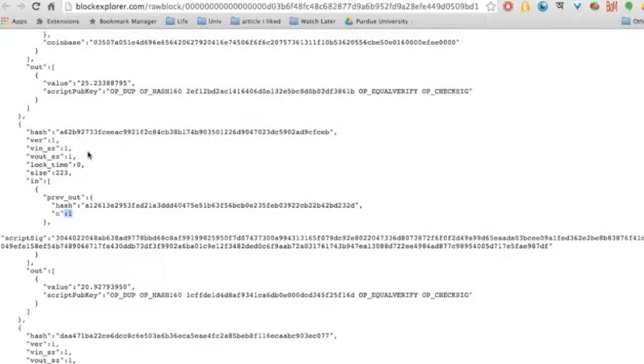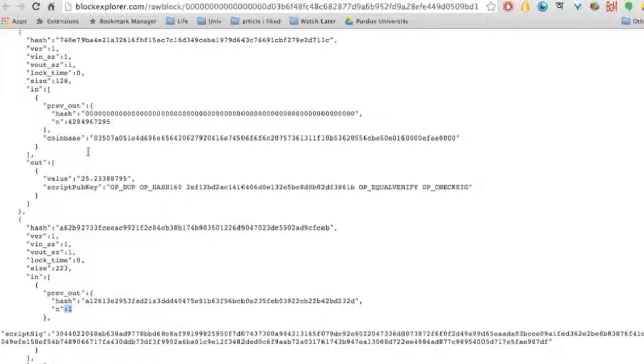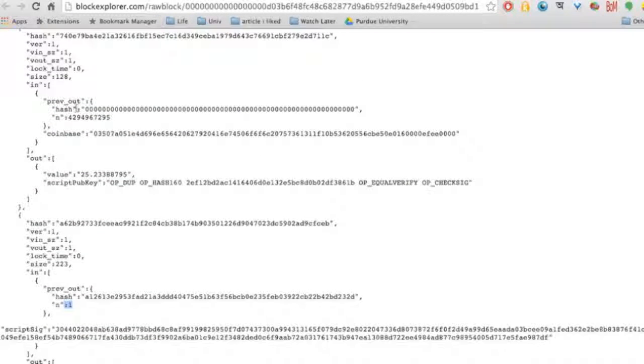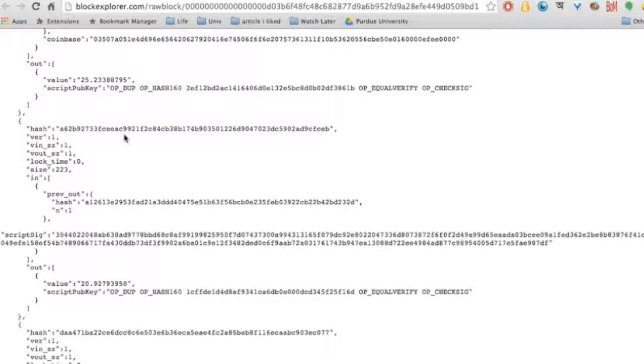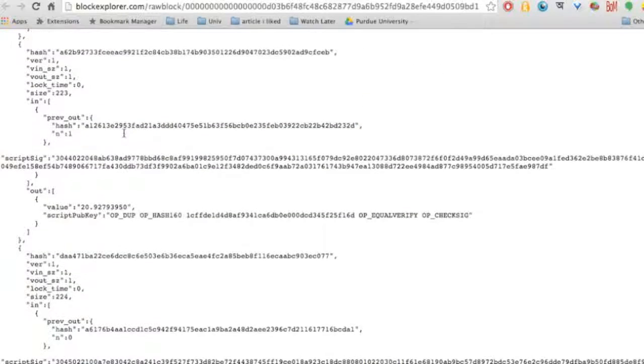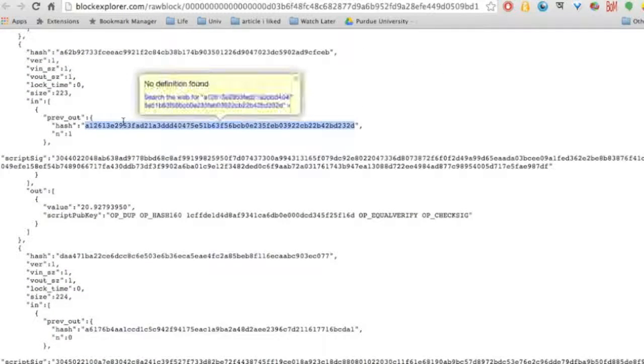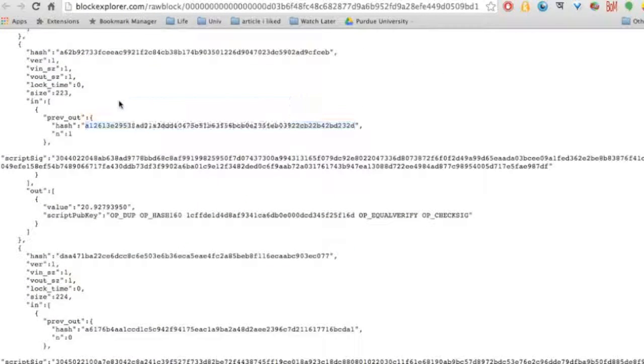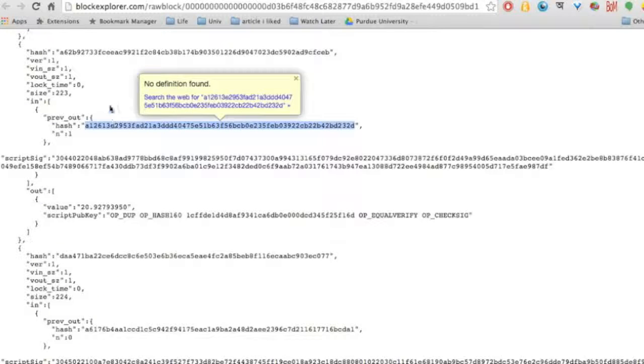Oh, I think I have made a mistake. When I told you this earlier, I was wrong. In the input part, in the prev out, this is not the transaction hash ID. It's basically the block hash ID.